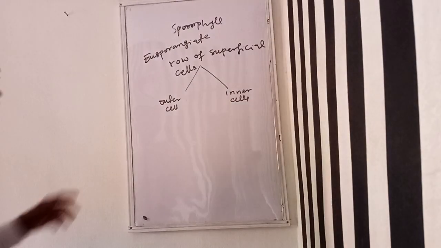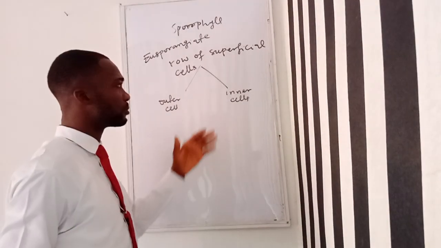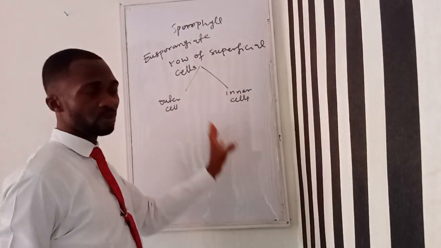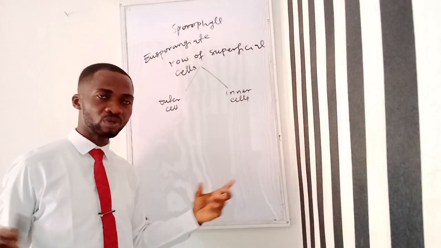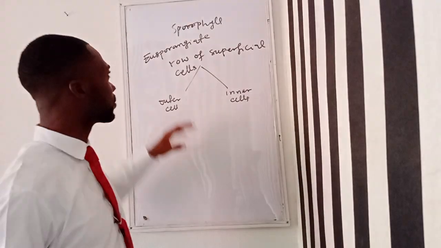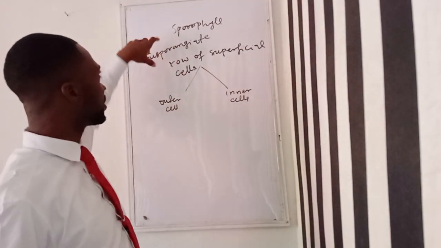So, like I said, these outer cells will form the wall of the sporangium, then the inner cells will form the sporogenous tissue. And of course, the function is to help give nourishment to the growing spores. So this is how the sporangium is formed in the case of the Eusporangiate.